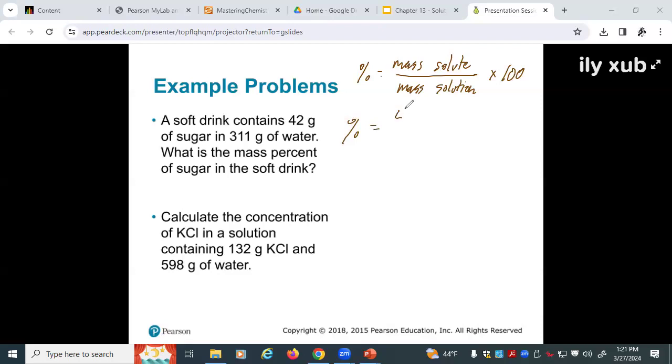My solute is the 42 grams of sugar. My solution would not just be the 311 grams of water. Remember, solution is all of it. So it would be the mass of the sugar plus the mass of the water. So 42 plus 311 is 353.